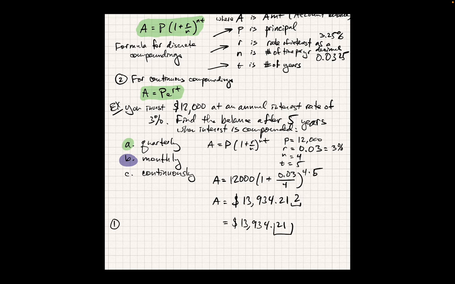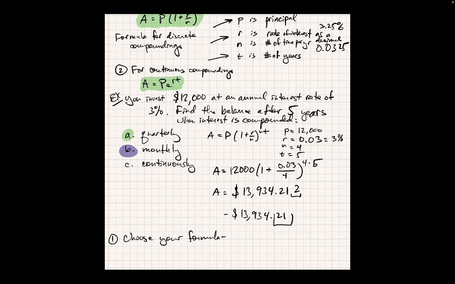When you're given a question like this, your step number 1 is to choose your formula. When we get to part C, what is it going to be? Continuous compounding. Sam, why did you say continuous compounding?